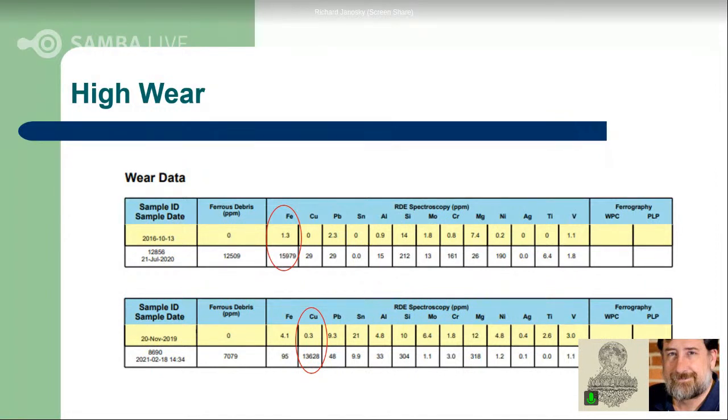Yeah, Richard, and while you have this up, this is a good time to talk a little bit about how you interpret these numbers and how they might vary depending on the circumstances. And you started by telling us that the RDE is measuring up to about 10 microns in particle size. And if we remember back to some fundamentals training on large wear, abnormal wear, normal rubbing wear, that line is right around 15 microns for a lot of these wear modes, such that small normal wear is less than that.